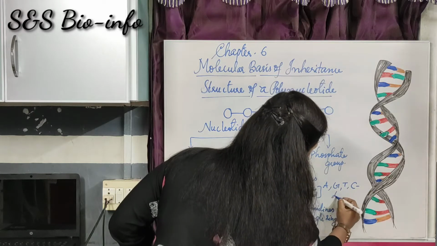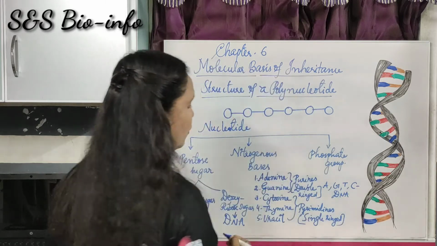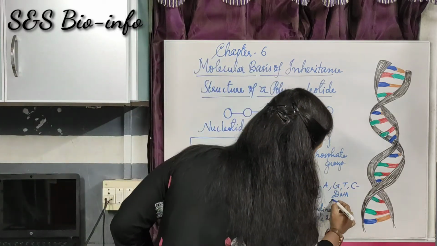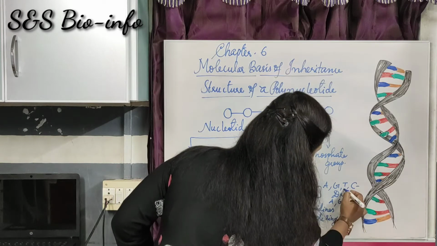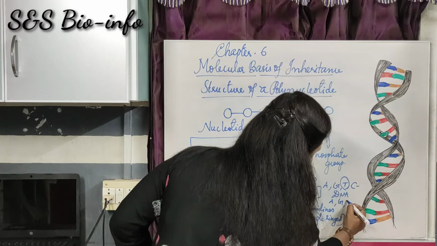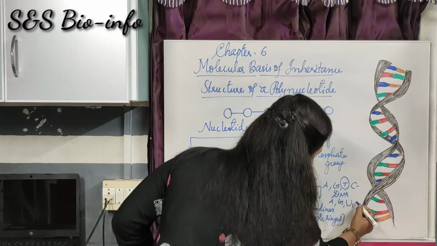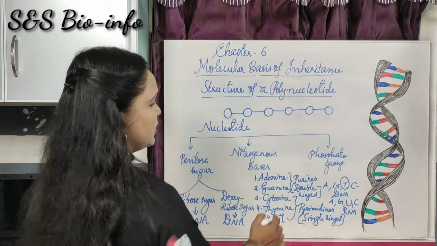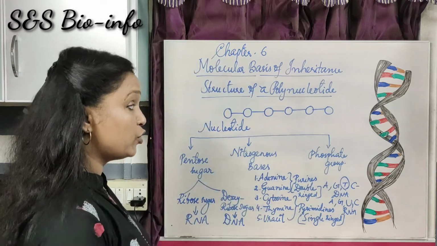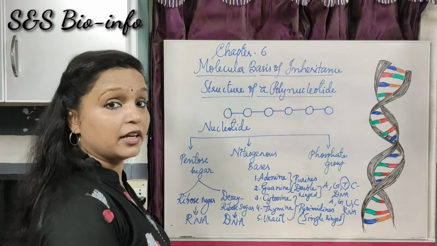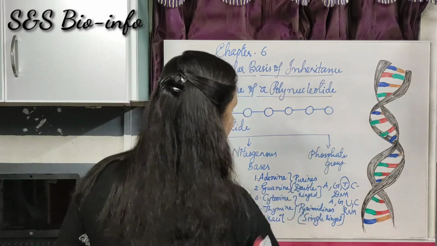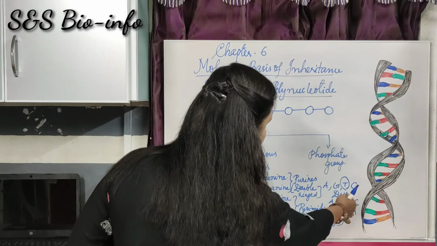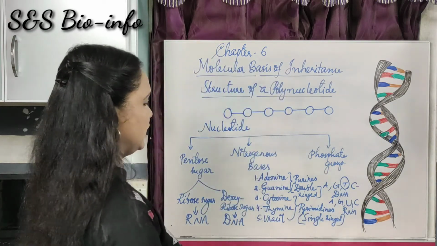These are present in DNA, while the RNA contains adenine, guanine, cytosine, and instead of thymine, the RNA consists of uracil. That's the difference between the nitrogenous bases in DNA and RNA. Only a single difference: in DNA, it is thymine; in RNA, it is uracil.